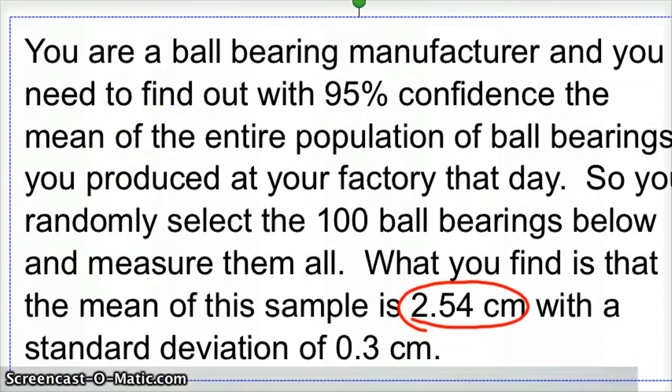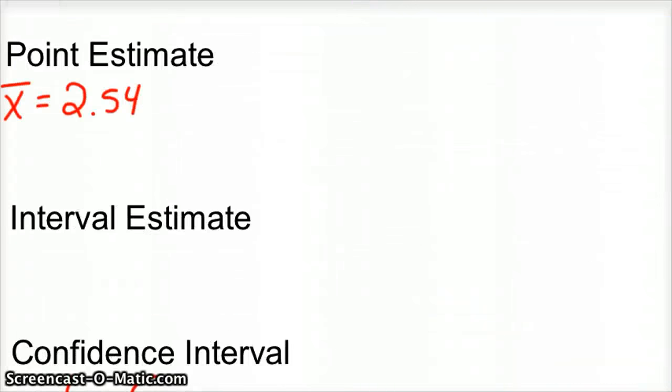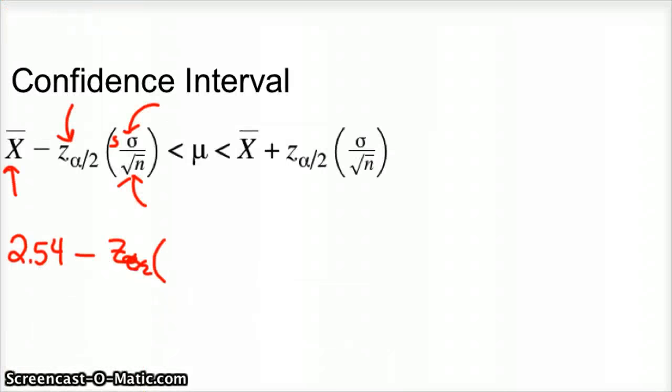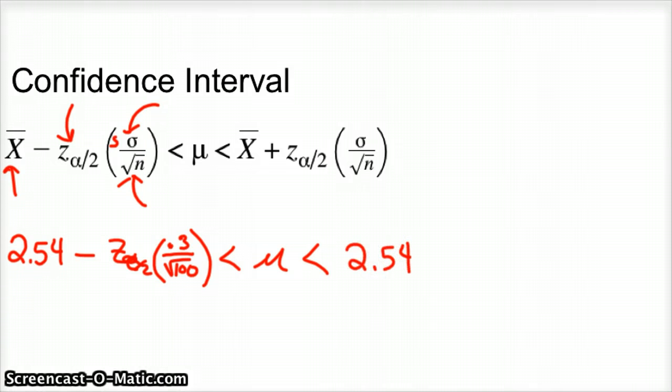From our problem, our standard deviation was 0.3, so 0.3 over the square root of 100, because we sampled 100 ball bearings, is going to be less than the mean, and the mean is also going to be less than X bar, again 2.54, plus z alpha divided by 2 times S of 0.3 divided by the square root of 100.